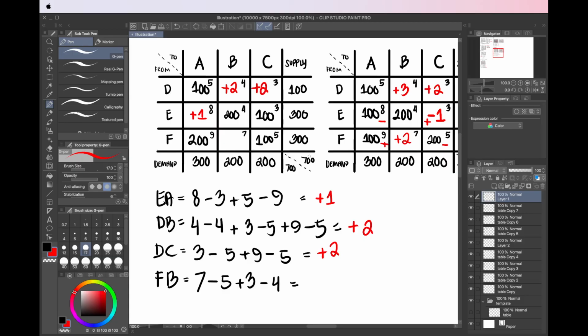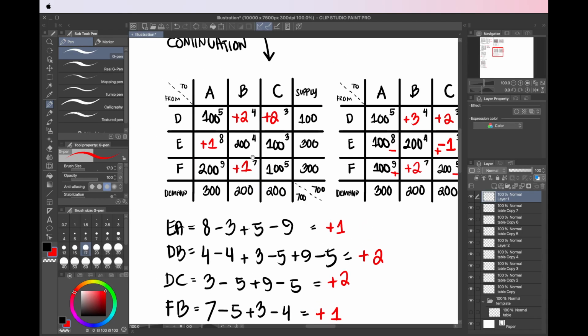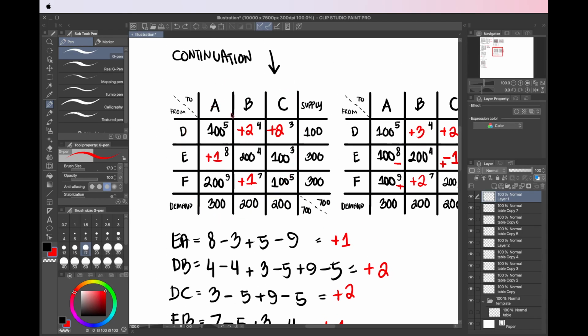Wait, let me just double check, because I also have my notes here. Yeah, that's right. Okay, so positive 1. So notice here now that there are no more negative values or 0, meaning this table here is now minimized.